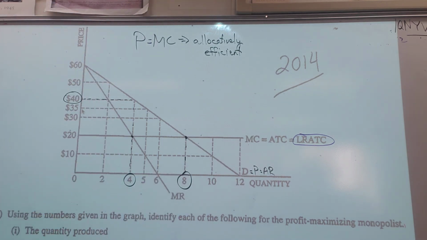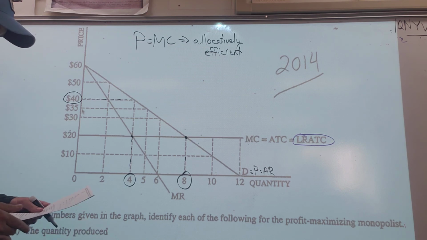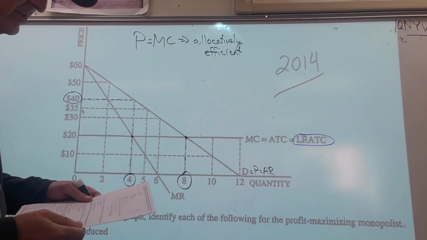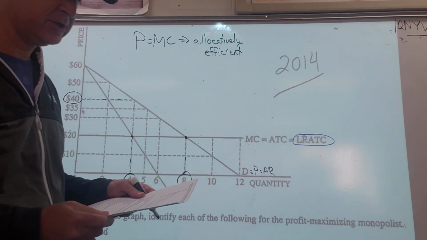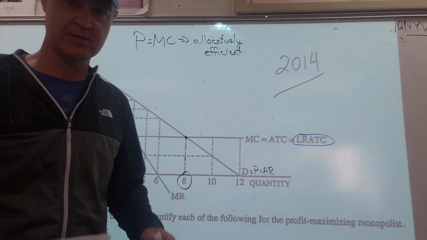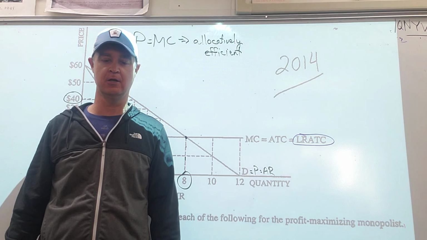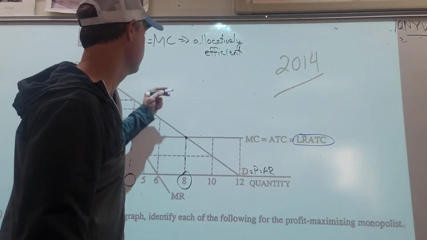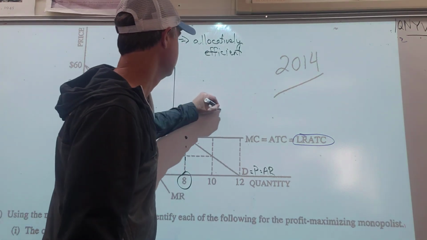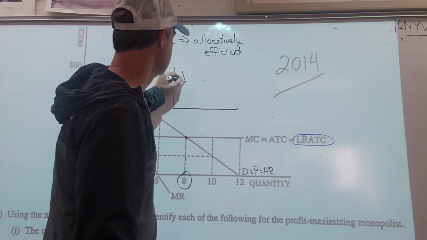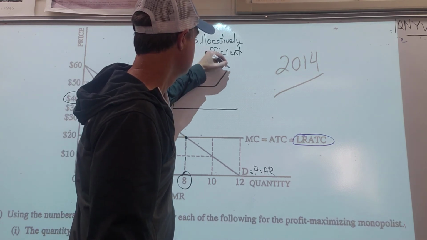B is the tricky one. There's always one point on these long FRQs that is kind of obscure. B says that at the profit maximizing quantity from part A I, does the monopolist experience economies of scale? This goes back to what we talked about in the long run, economies of scale. It was the graph where we summed up all the short runs, and we said the long run looks something like this.